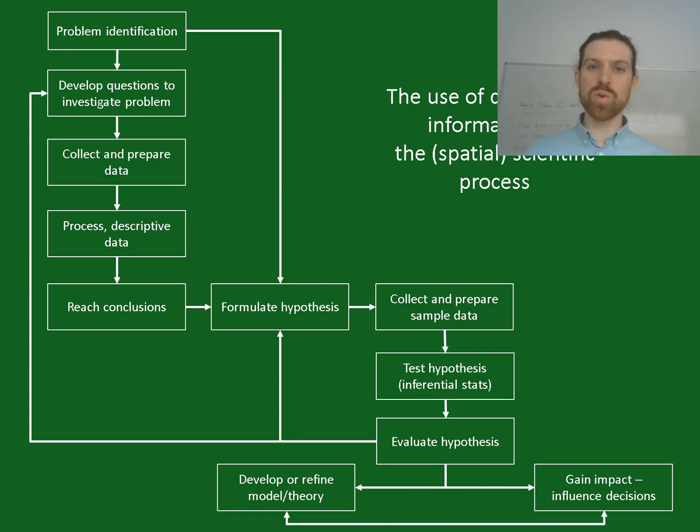We want to make the world a better place, we want to make people undertake better decisions, and one way to do that is by developing statistical tests to understand which path we should take forward. So which policy we should implement, or which strategy a business should deploy in order to go to market.